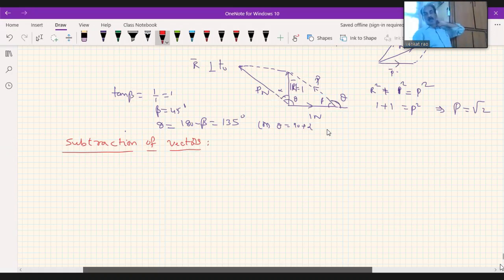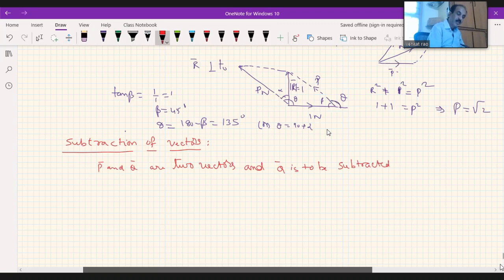Subtraction of vectors. For subtraction of vectors, P bar and Q bar are two vectors, and Q bar is to be subtracted from P bar.